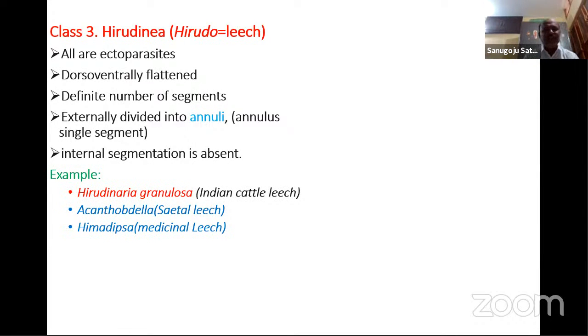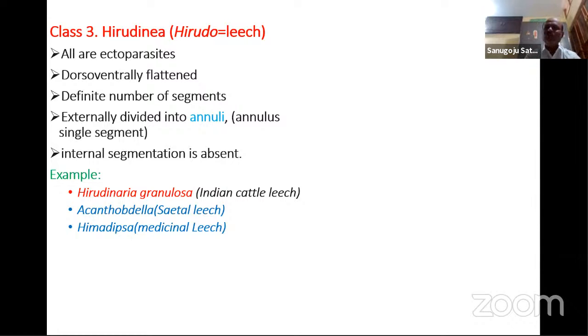Then afterwards, we go to Hirudinea. Hirudinea are all ectoparasites. Hirudo means leech. A leech has a secretion called hirudin, and due to the presence of hirudin, the name Hirudinea was coined. All these are ectoparasites and sanguivorous. Sanguivorous means organisms which can suck blood with the help of their suckers.